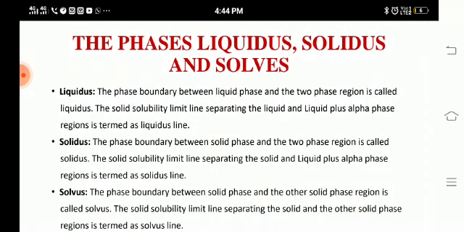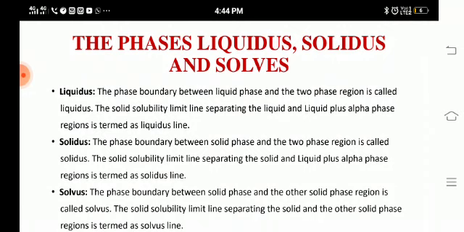In the case of liquidus, the phase boundary between the liquid phase and the two phase region is called liquidus. The boundary line separating the liquid and the liquid plus alpha phase region is termed the liquidus line in this graph. In the case of solidus, the phase boundary between the solid phase and the two phase region is called solidus.